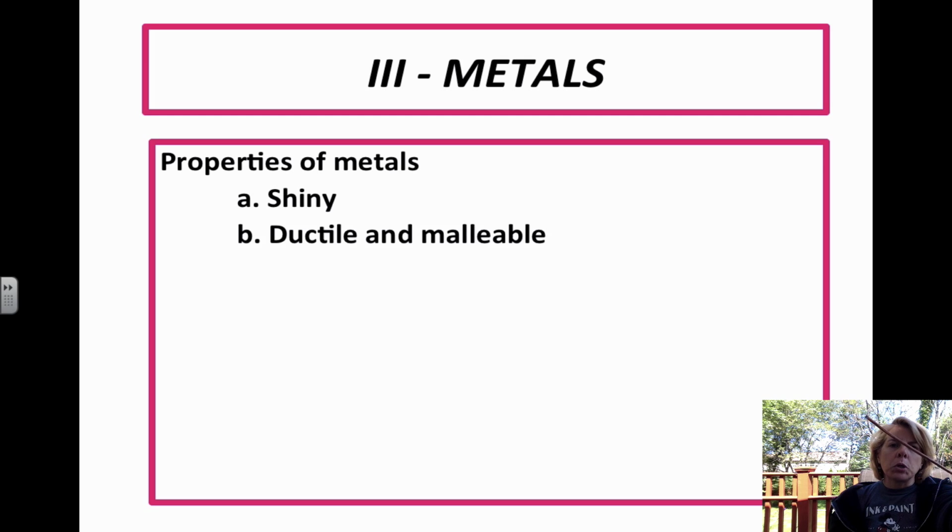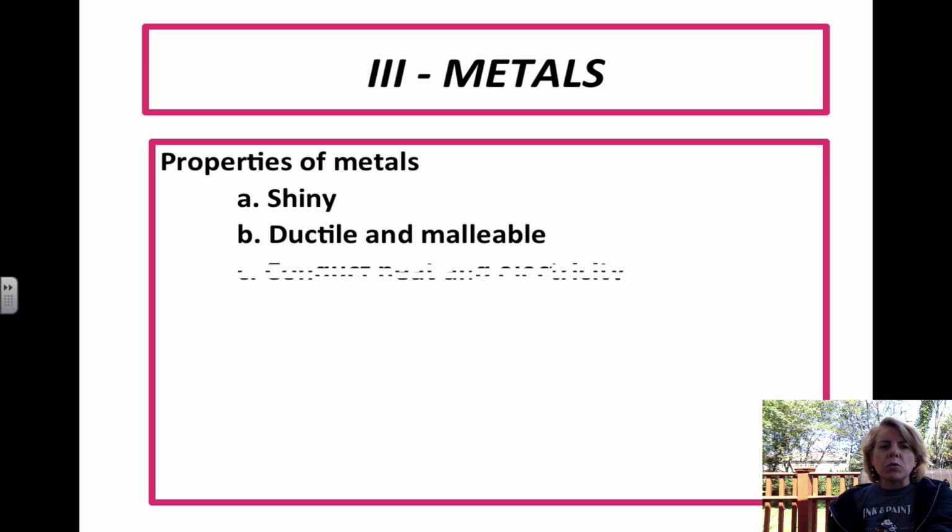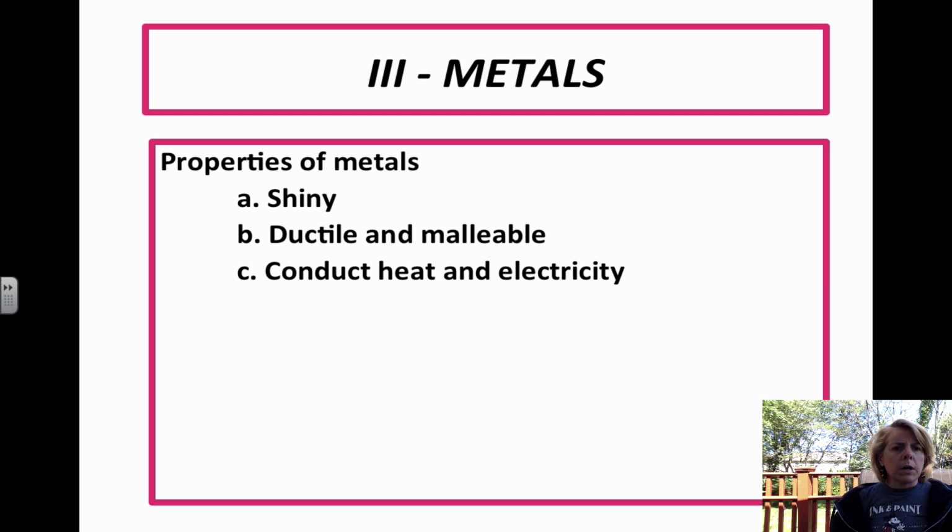So I have copper wire here. The fact that copper can actually be drawn into a wire is very useful when we're conducting electricity, or we want to make jewelry. A lot of your pots and pans are metal because they're very good at conducting heat and electricity.